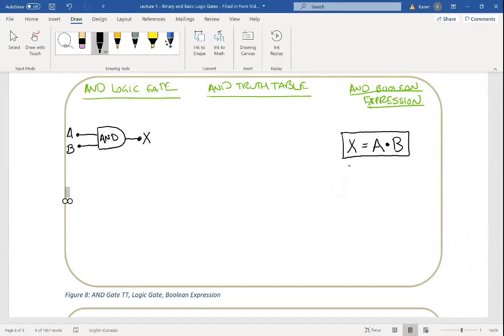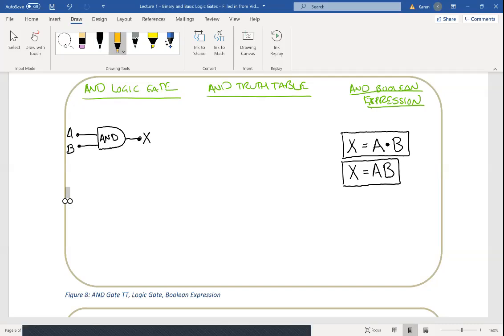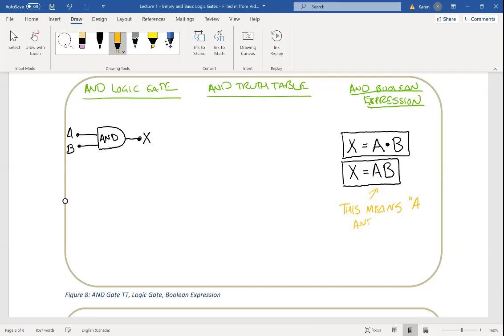Or often we shortcut and we say AB. And again, that's not multiplication. It means A and B.